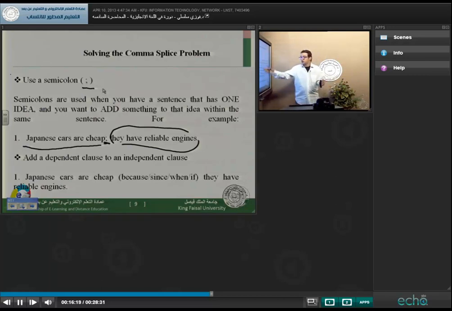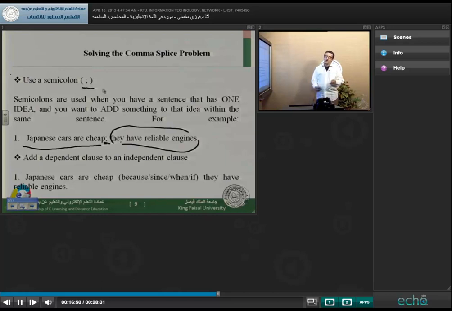But you don't want to break them with a period because they're connected to each other, right? They're two sentences that add to each other. They're connected to each other. So instead of putting a period here, we put a semicolon to keep these two sentences connected to each other. So this is the second way of solving the comma splice. It's to use a semicolon.